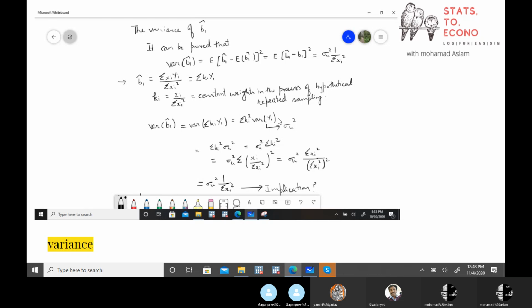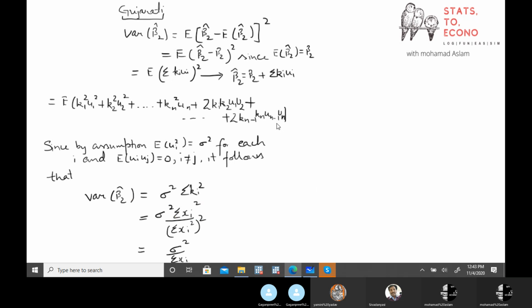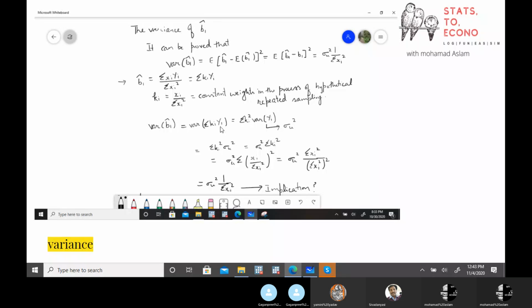But for that, this particular derivation is required, and in this particular case again this derivation we have to prove. Means in both ways we have to prove this, that the expected value of ui square is equal to sigma square, or we have to prove that the variance of y is equal to sigma u square.